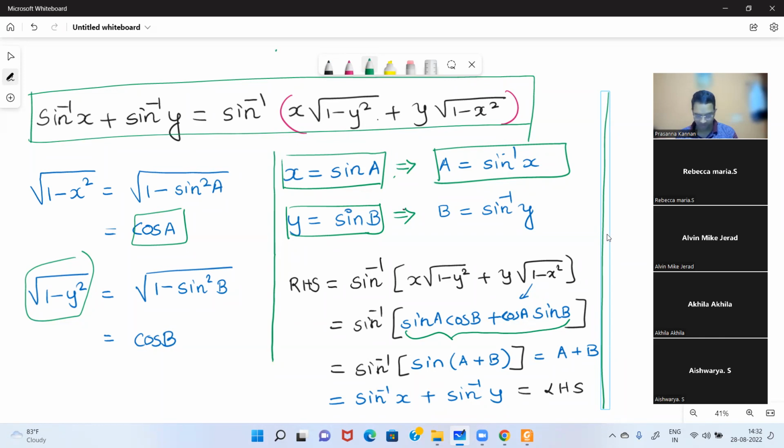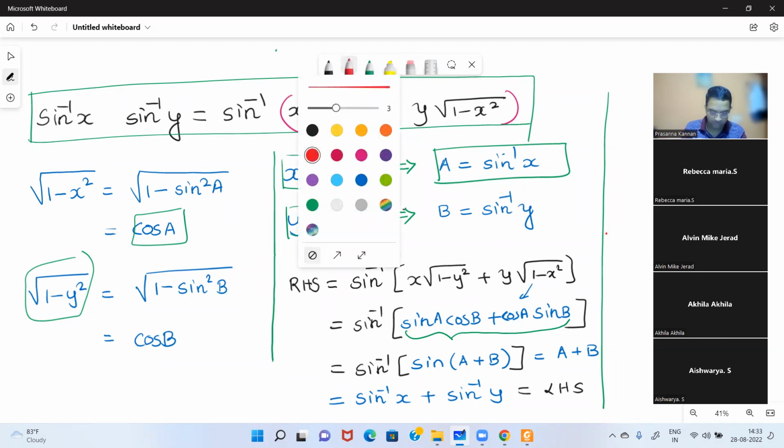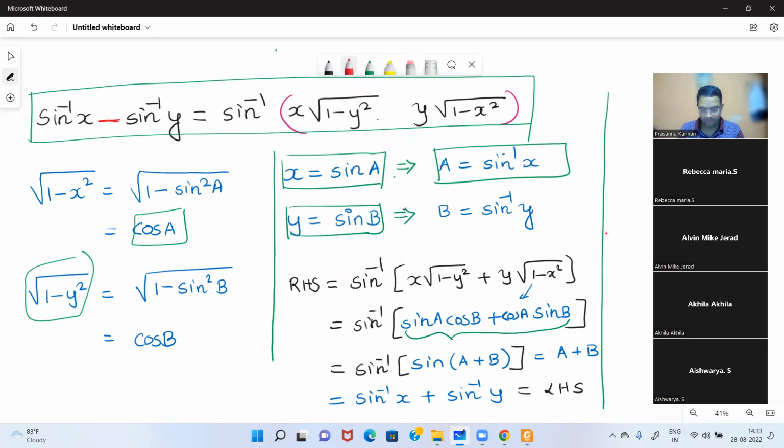Done, sir. Excellent. So now if you see, if I have a minus sign here, then here also there will be a minus sign. If you take the right hand side, you will start with a minus sign here, correct?